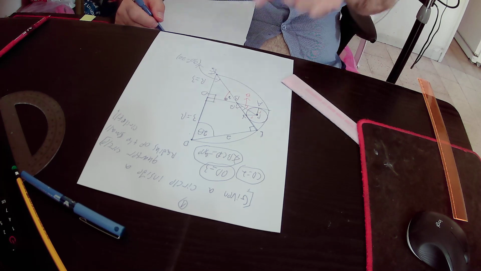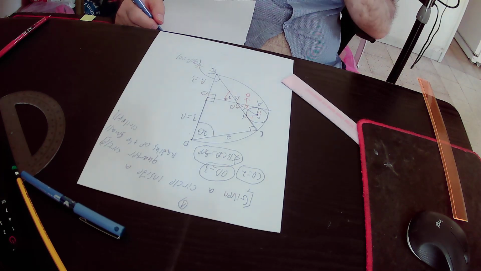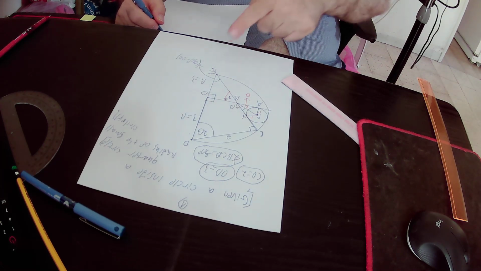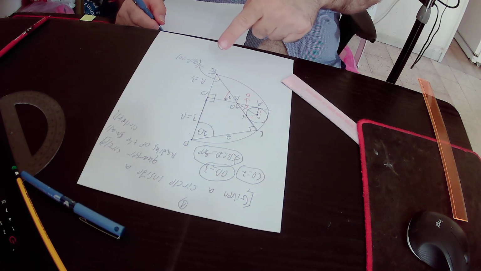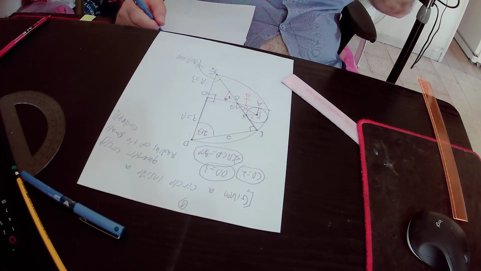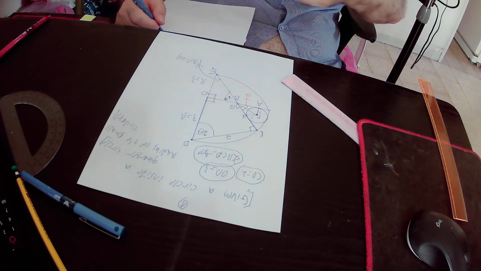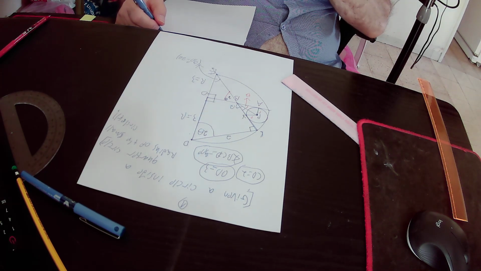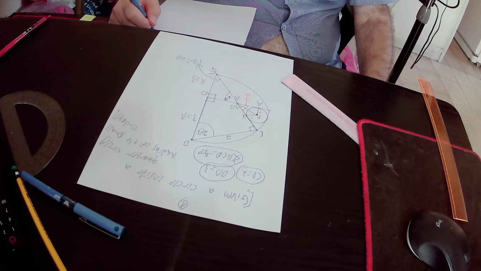But we know that OE is the radius of the semicircle, and it is given in the question that the radius of the semicircle, or the radius of the quadrant circle, equals 3 units. So OE equals 3 over BO. BO is BO.